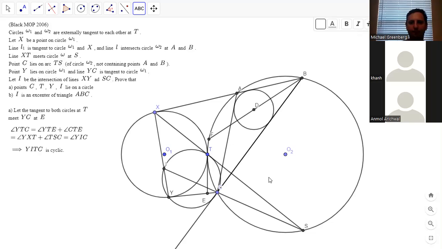I found one way: if we draw this tangent line and let it meet AB at another point, I can use that to show SAB is isosceles, but I don't know if there's a faster way.